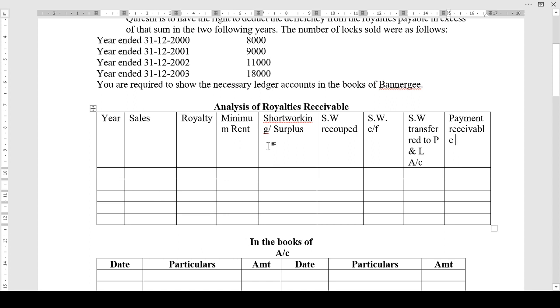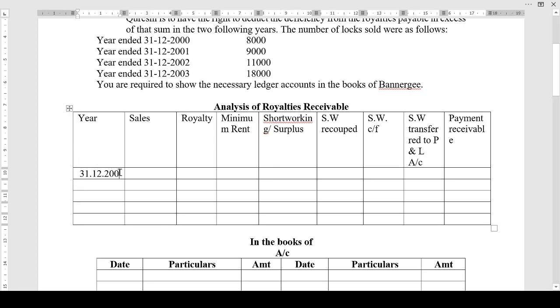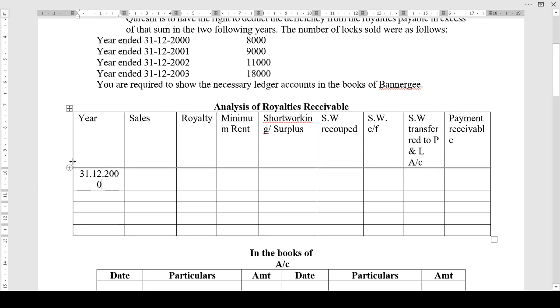Okay. So let's start. Our first year is, now here they have given us the dates. 31st December 2000.